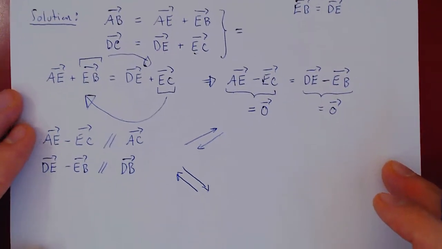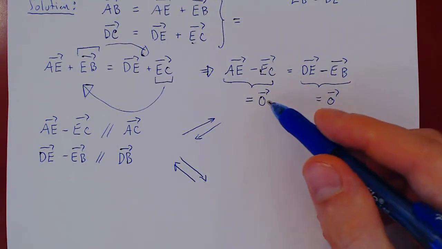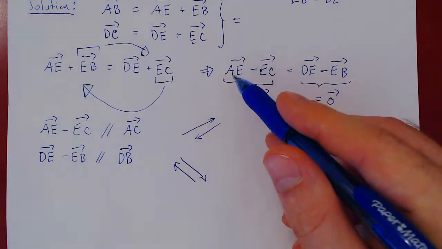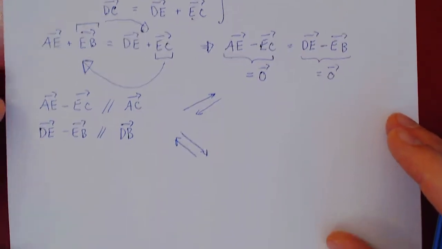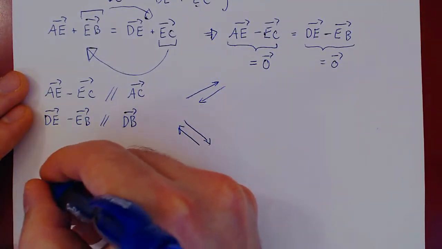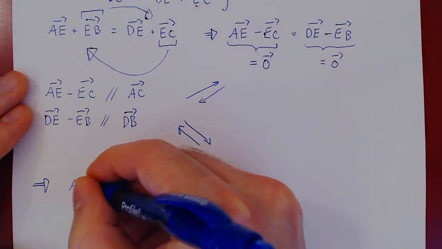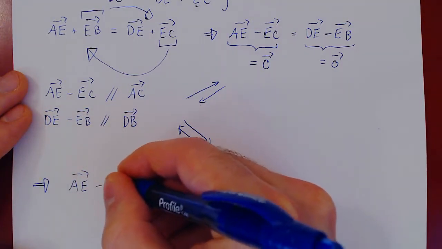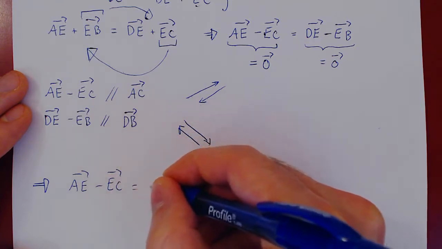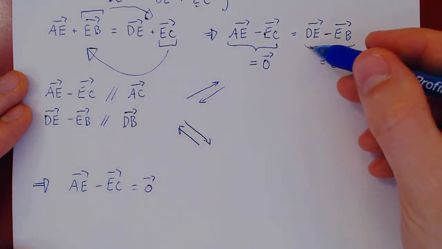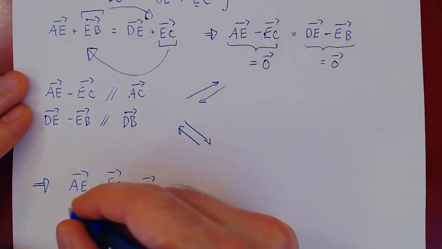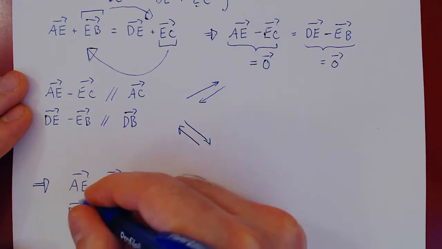And now think of it. What we have from this is vector AE minus EC equals the zero vector, and vector DE minus EB equals the zero vector.